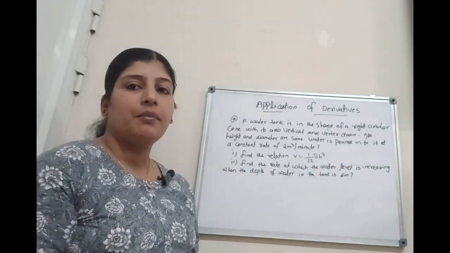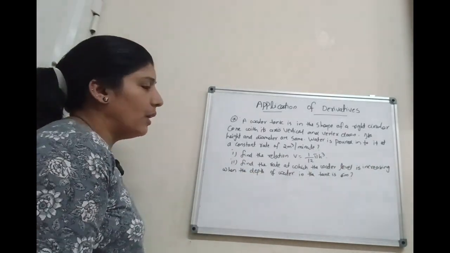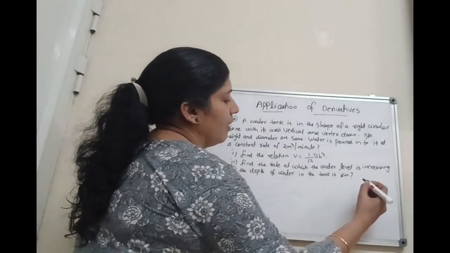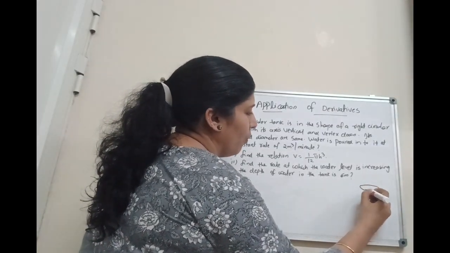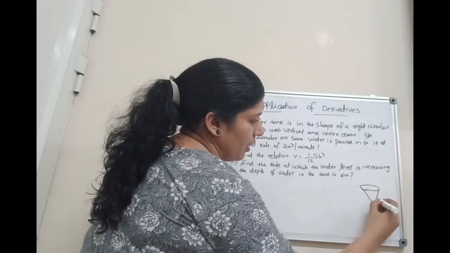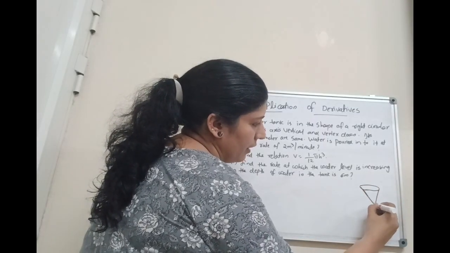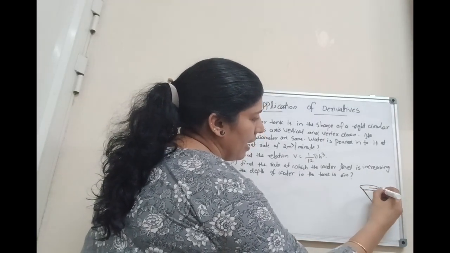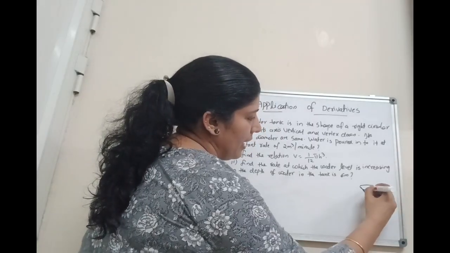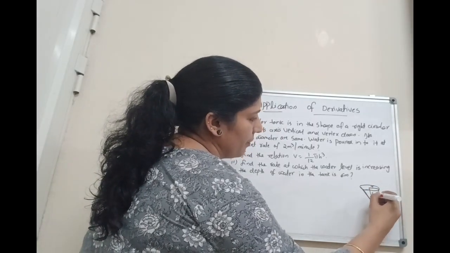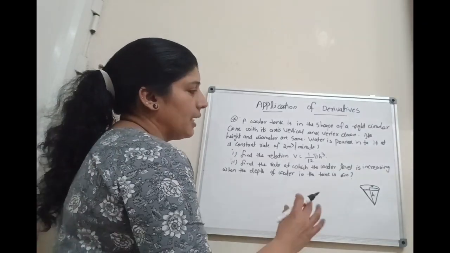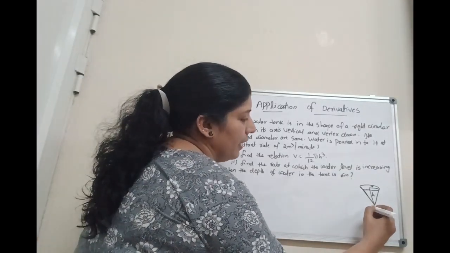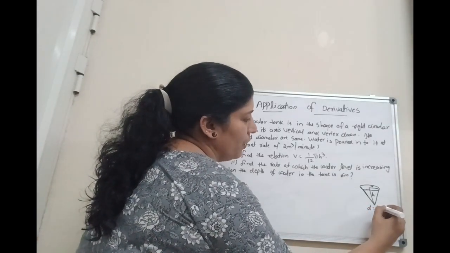Here the given water tank is a right circular cone. We have to consider a conical shaped water tank with vertex downwards. Here R is the radius of the water tank and H is the height. It is a conical shape. The given condition is that its height and diameter are the same. We know that diameter is equal to 2 into radius.